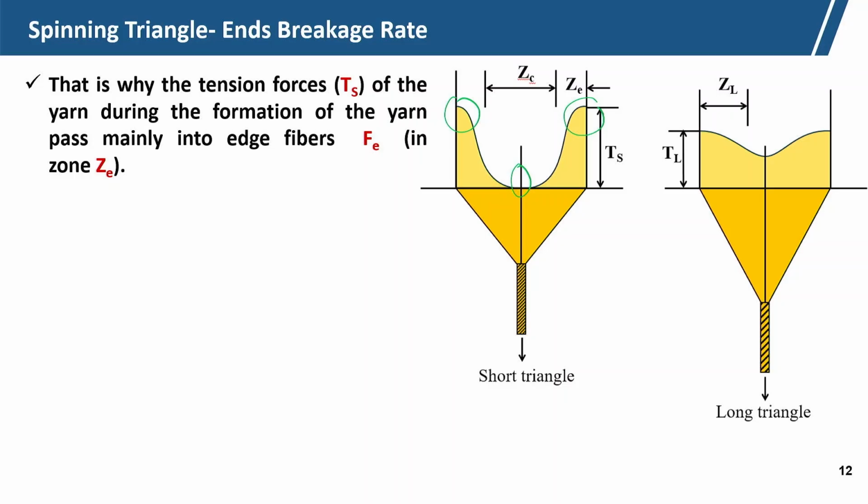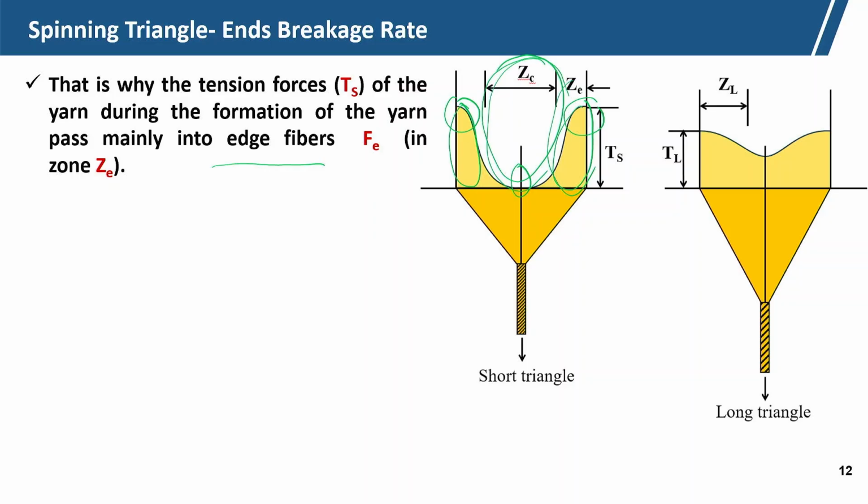So, in the ZE zone, the edge zone, the tension is maximum, and in the central zone ZC the tension is minimum.